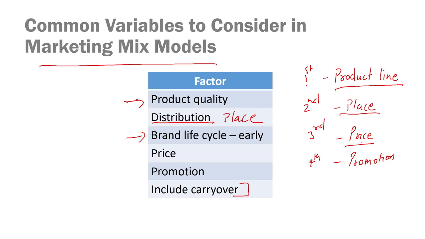Third is price, and fourth is promotion. You get a lot of play about promotion, a lot of thinking about promotion, mainly because that's the thing you can change much more quickly and the one thing that is more prominent among the consumers. But the fact that it is actually product, place and price that are the bigger effects on sales.